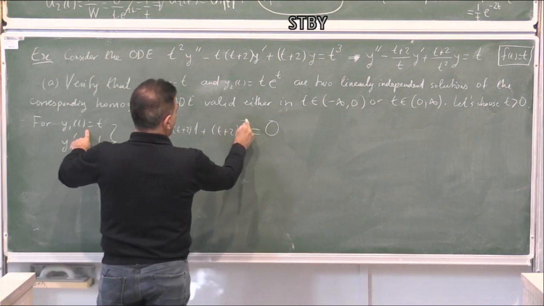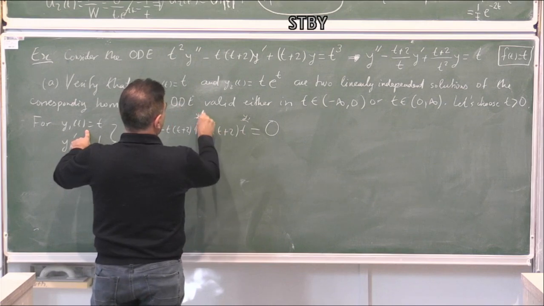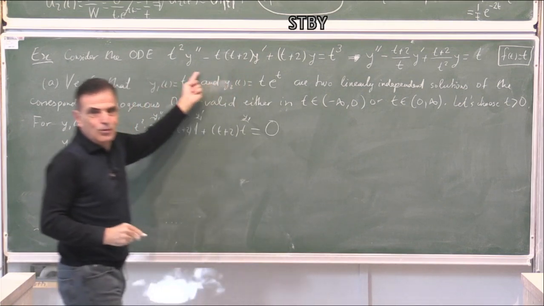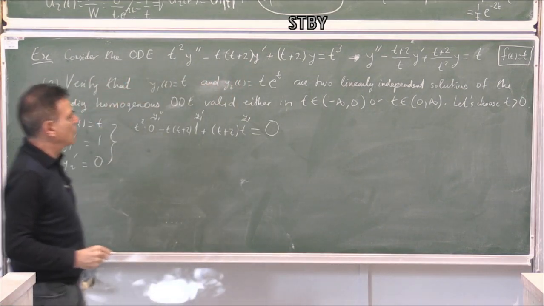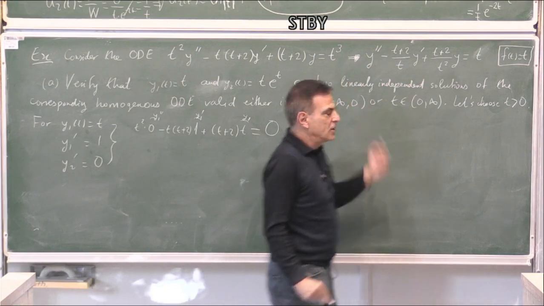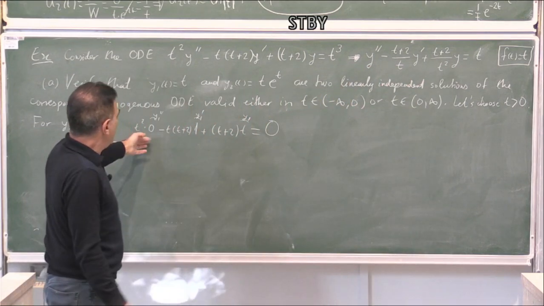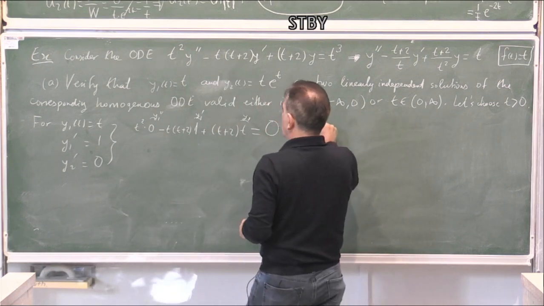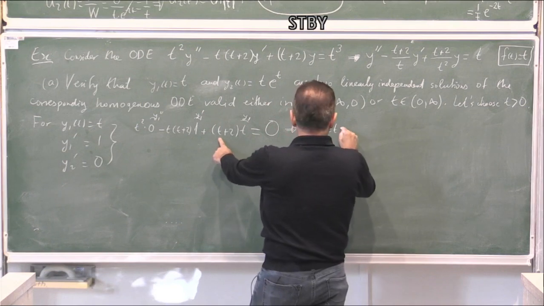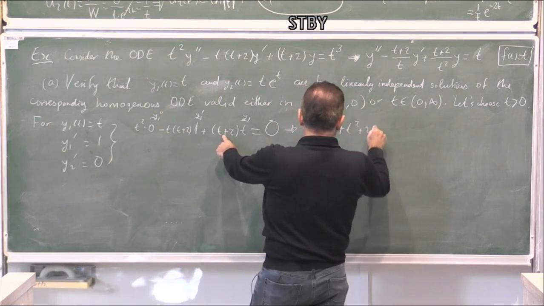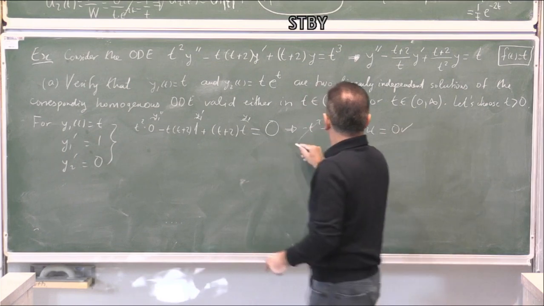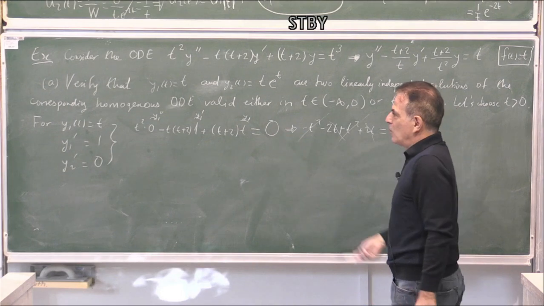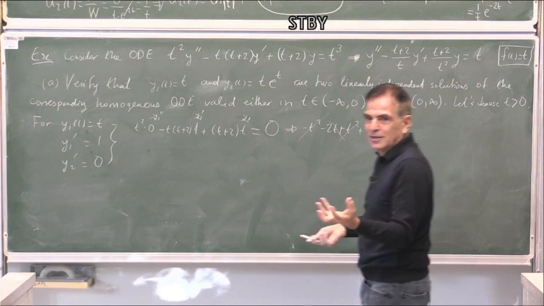I put this is y1, this is y1 prime, and this is y1 double prime. I substitute into the corresponding homogeneous equation, or you may use this homogeneous equation as well. So what is the result? Look, actually we have minus t squared minus 2t, so plus t squared plus 2t, which is indeed 0. Look, this and this cancel each other out, this and this cancel each other out. So y1, that is t, is a solution, okay, obtained somehow.